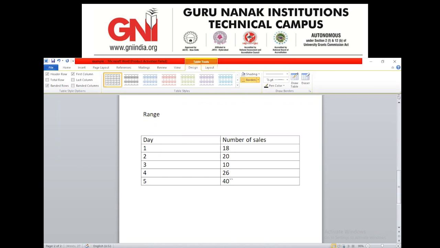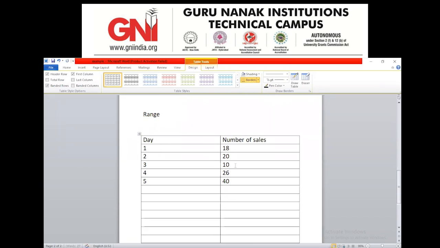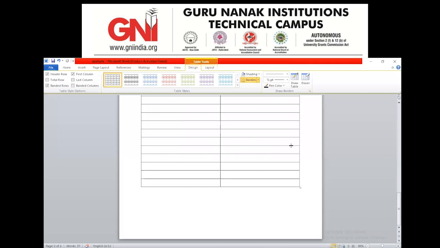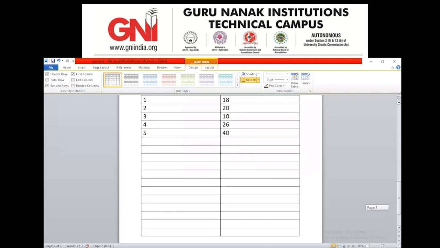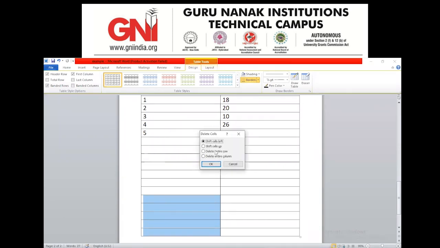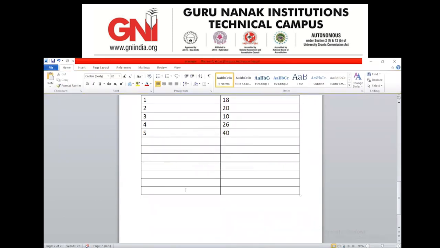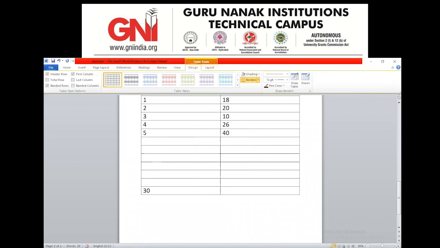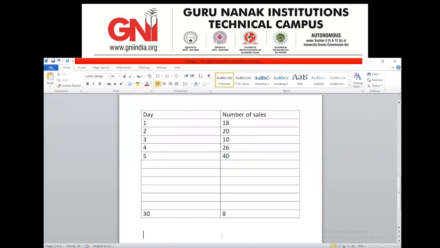So like that you go up to some limit only, we will not take much. Suppose day 30, it is suppose 8. So now what is the data spread over all the 30 days?